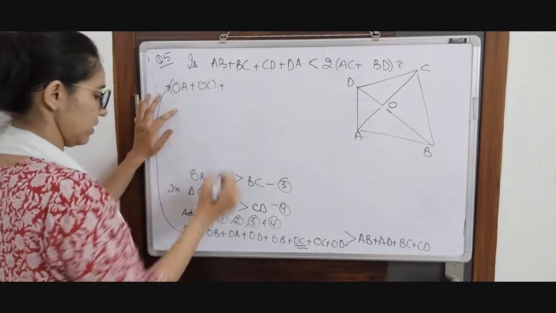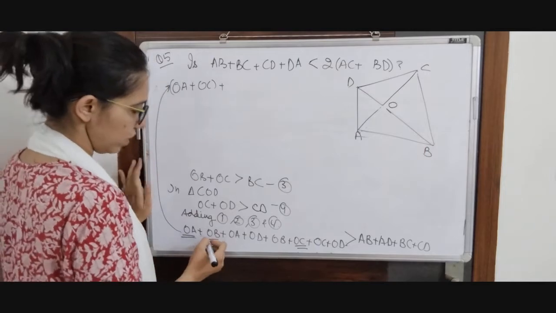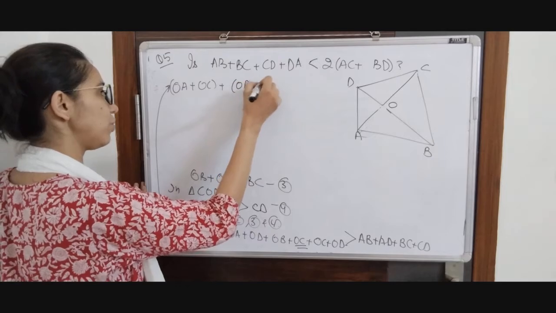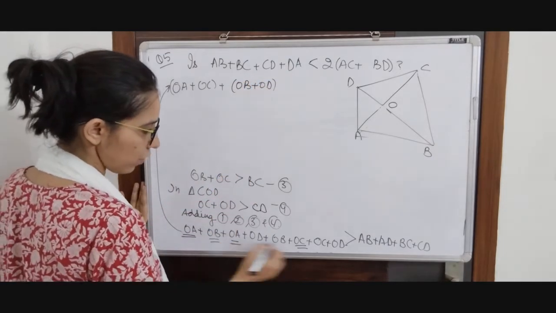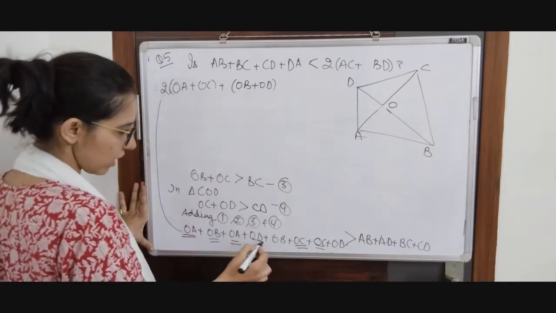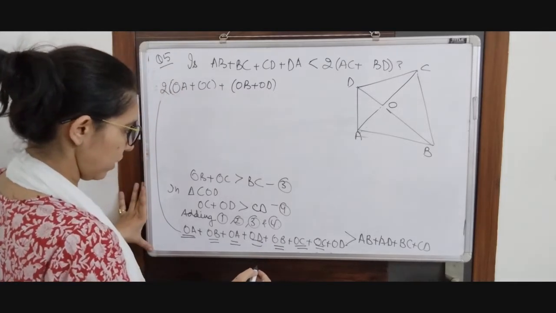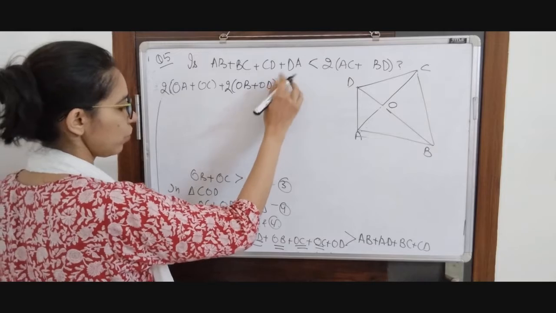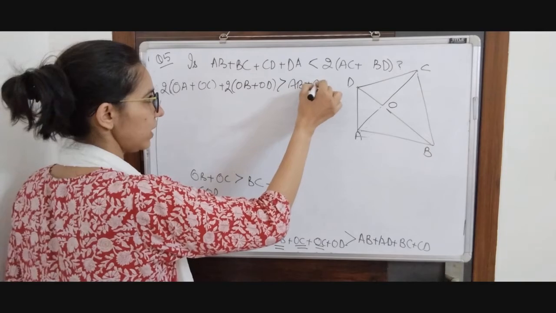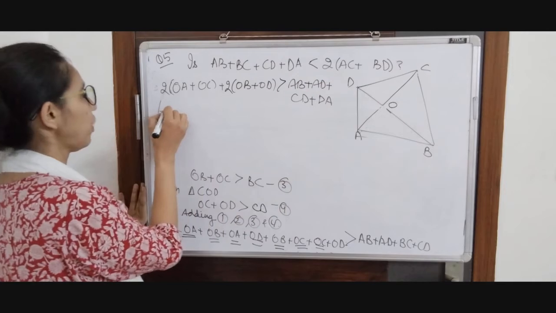Then OB, and with OB we need OD, so OB plus OD. Now we again have OA and OC, so this is twice, and again we have OD and OB.